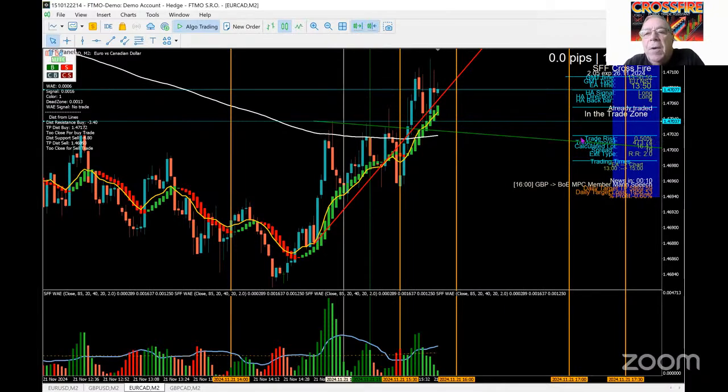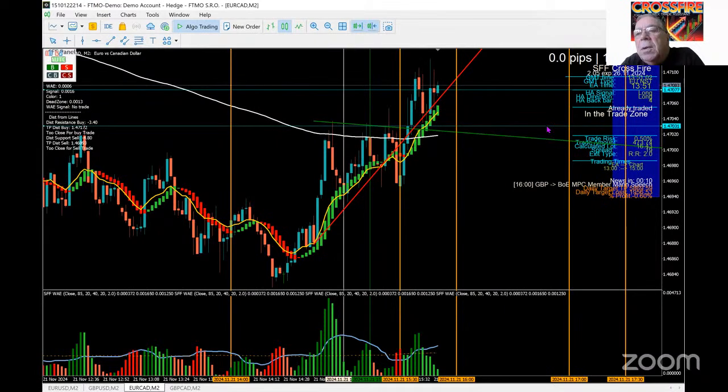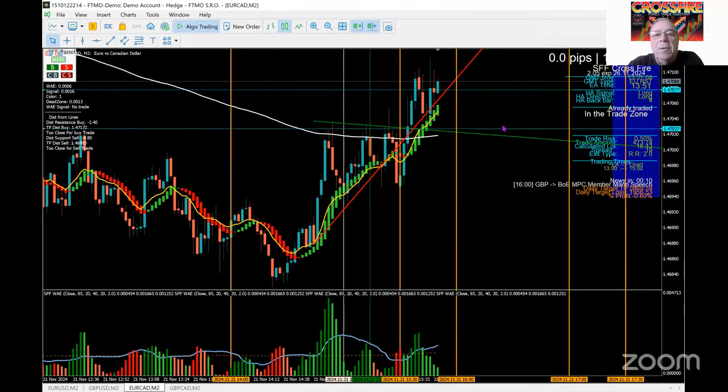If I'd had my stop loss 1 pip lower down, a 5 pip stop loss instead of a 4 pip stop loss, that would have kept me in that trade.